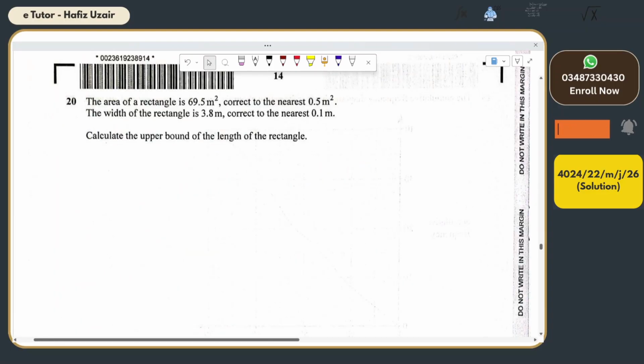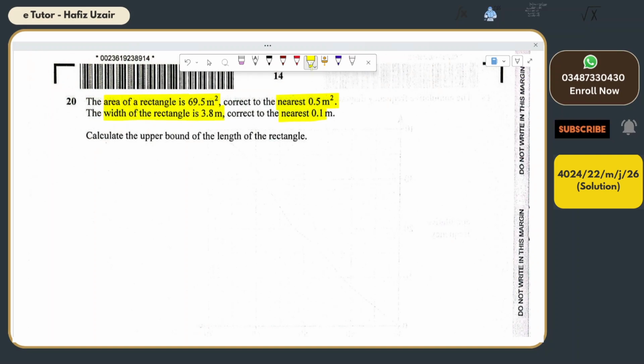Let's start question number 20. The area of a rectangle is 69.5 centimeter square, correct to the nearest 0.5. The width of the rectangle is 3.8, correct to the nearest 0.1.